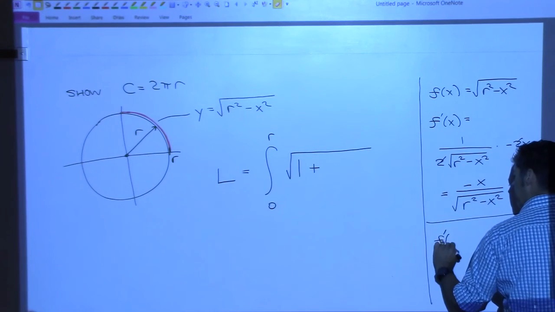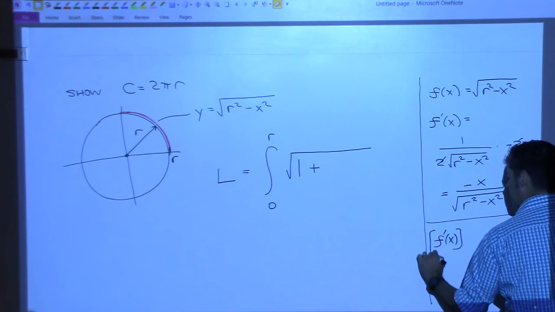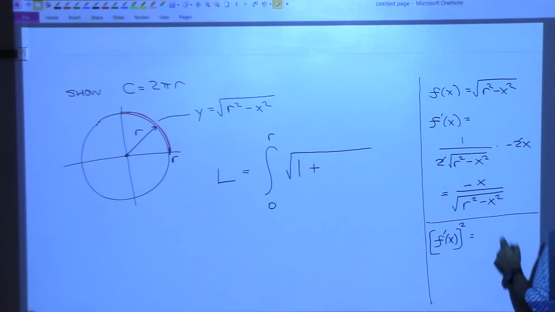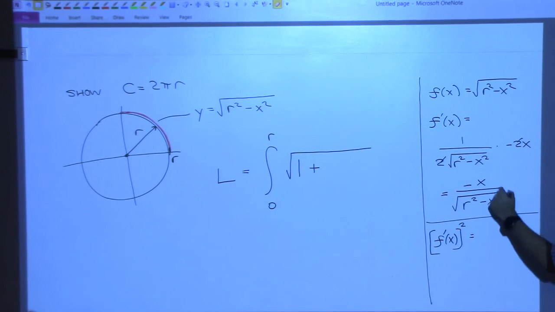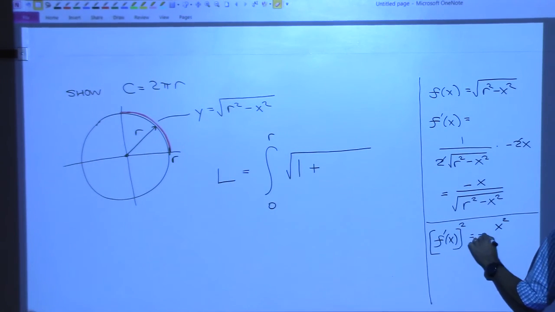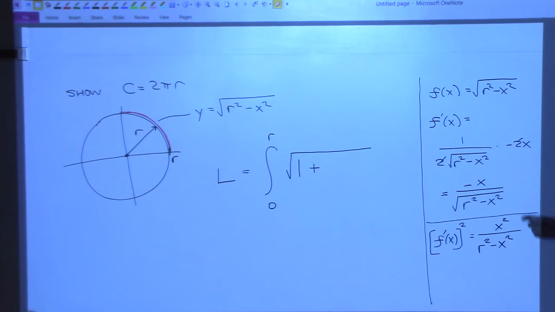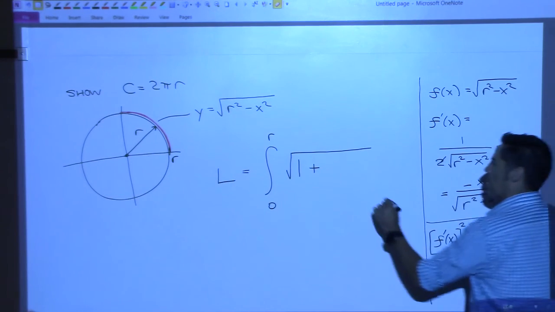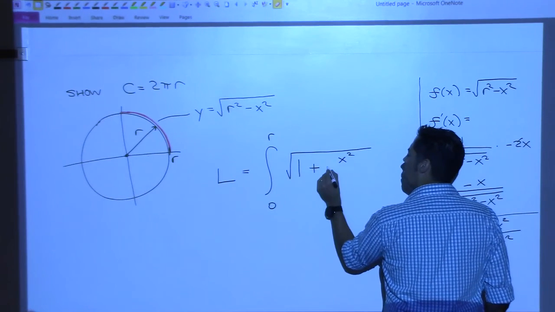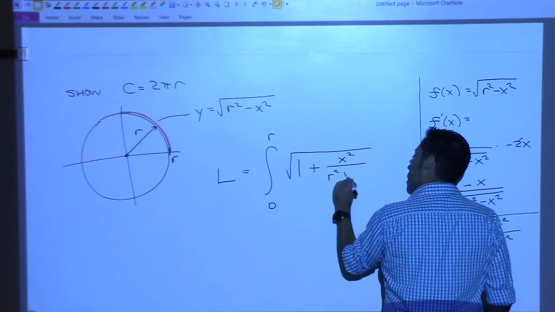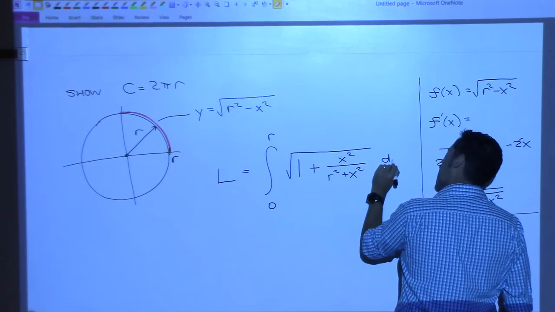The derivative squared is just square the top and bottom of this. Well, that's x squared over r squared minus x squared. So that's kind of nice. The negative goes away because we square it, and then on the bottom the root goes away, right? And that gets plugged in right there. So that goes right here, x squared over r squared minus x squared, dx, right?